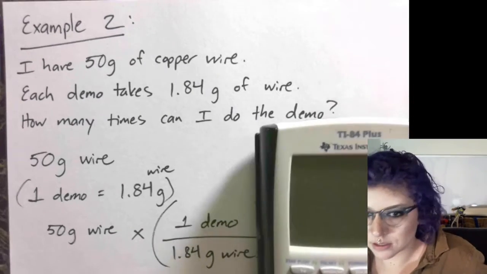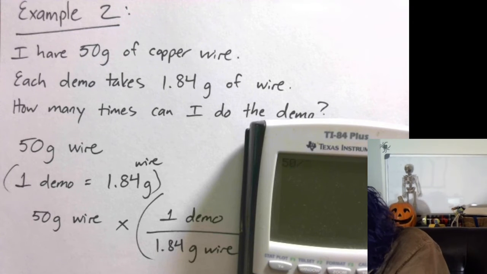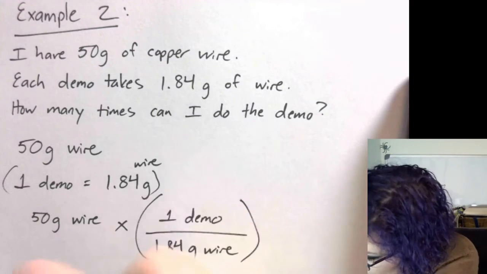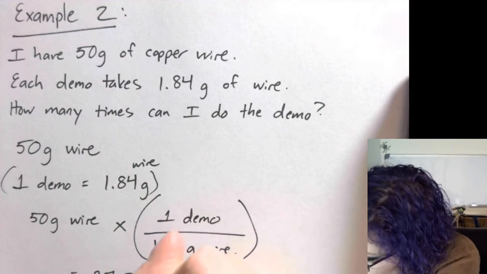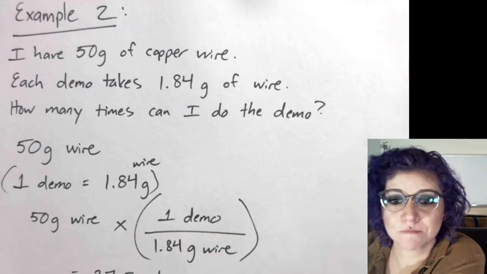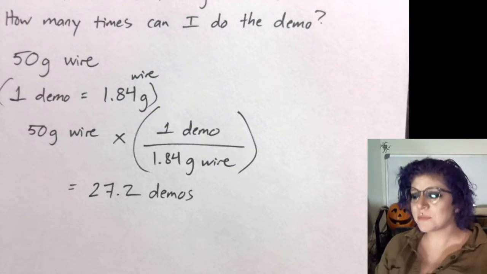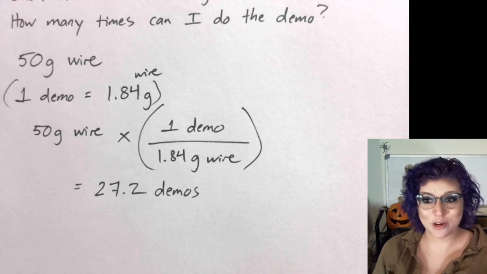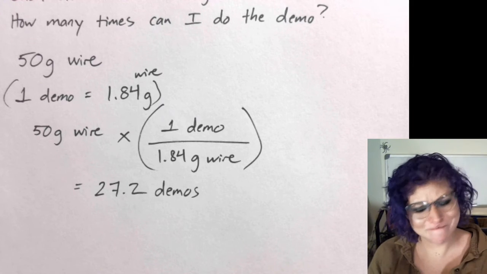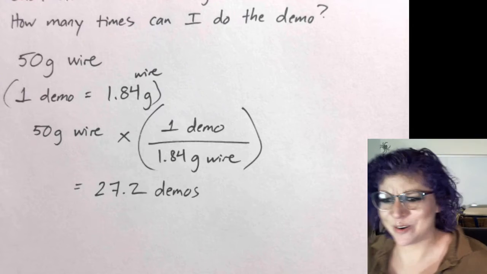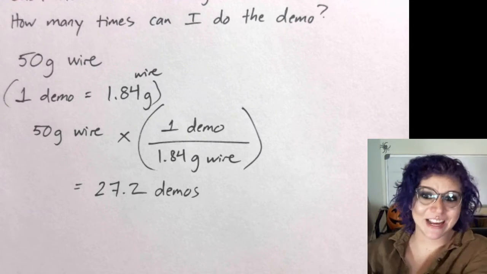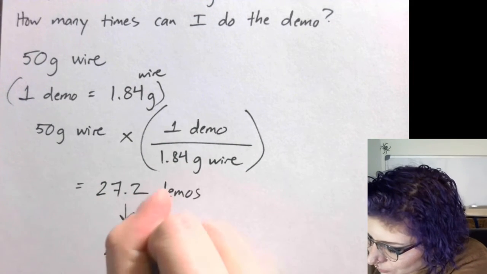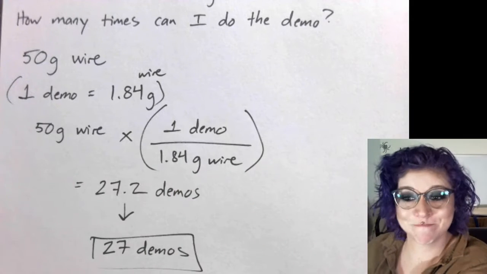When I plug that into my calculator, so 50 divided by 1.84, I get approximately 27.2 demos. Y'all think about this answer for a second. Does it make sense if I could do 0.2 of a demo? No, this is an all or none situation. I can either do the demo or not. So I'm going to have to round down here and say that I can only do 27 demos.